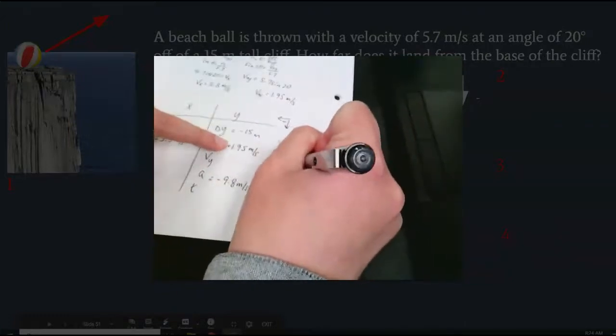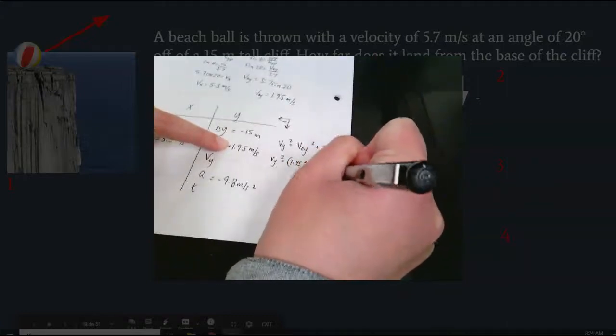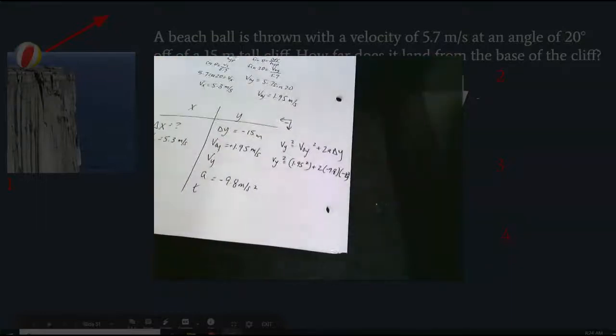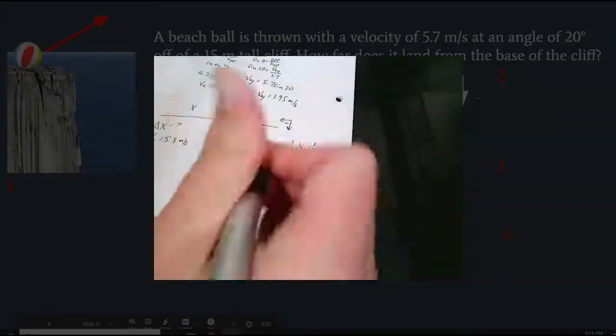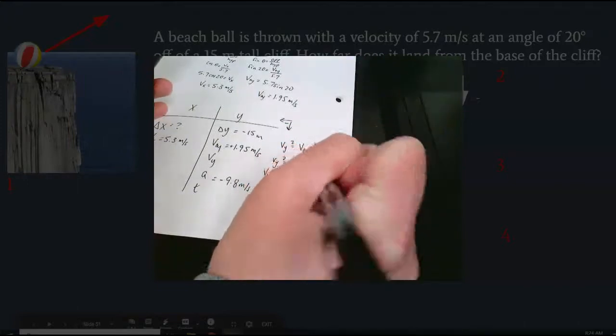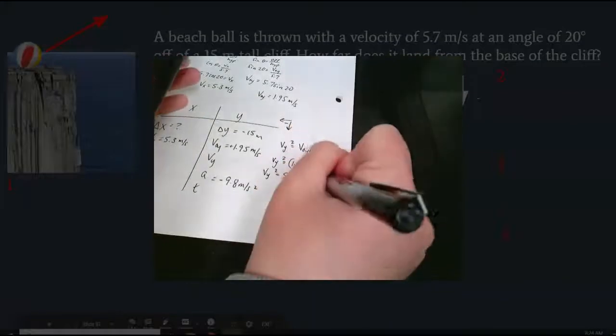This is 1.95 squared plus 2 times a negative 9.8 times a negative 15. I'm running out of room over there. Apologies. So if I do this math, 1.95 squared is 3.80 plus 9.8 times 2 times 15. Those negatives cancel.